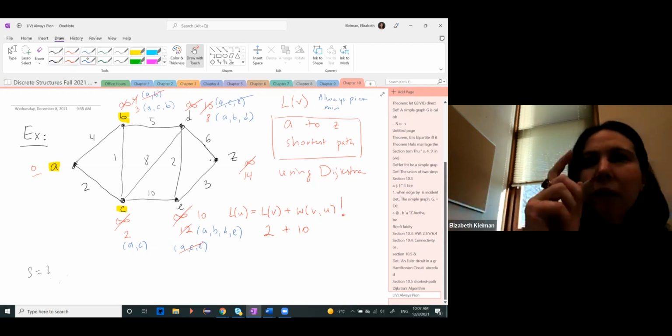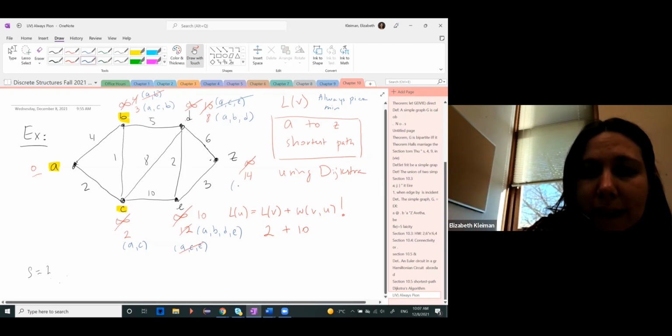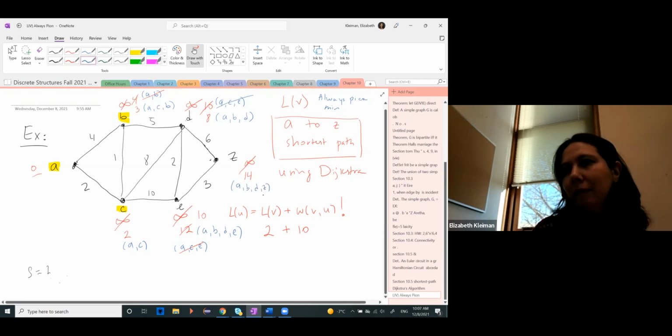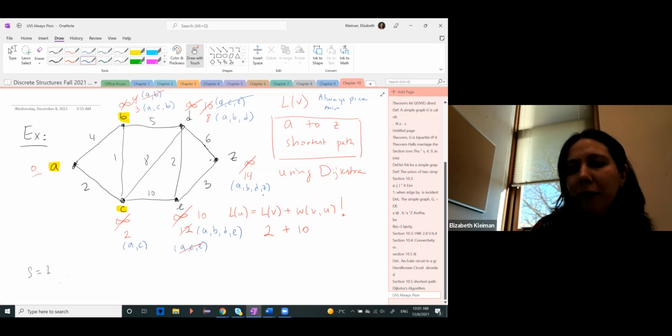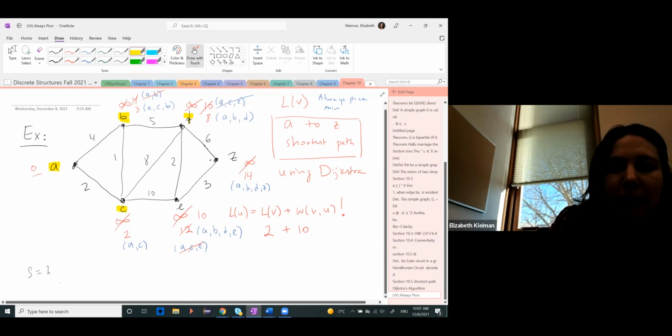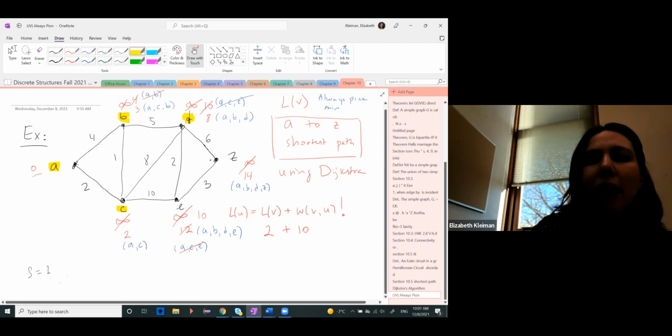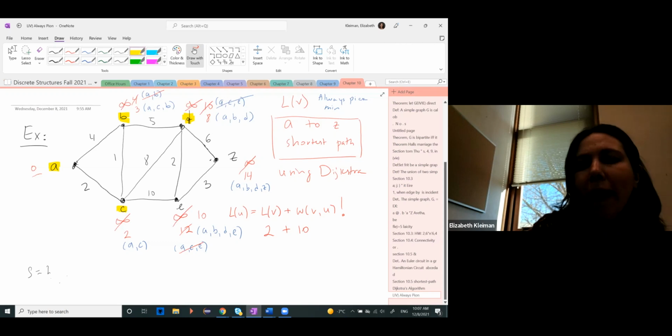I am still not done because I still have nodes to explore. So this is A, B, D, Z. Do I need to explore anything from D? No, D is done. We did the edges from D. And now who do I have to explore?